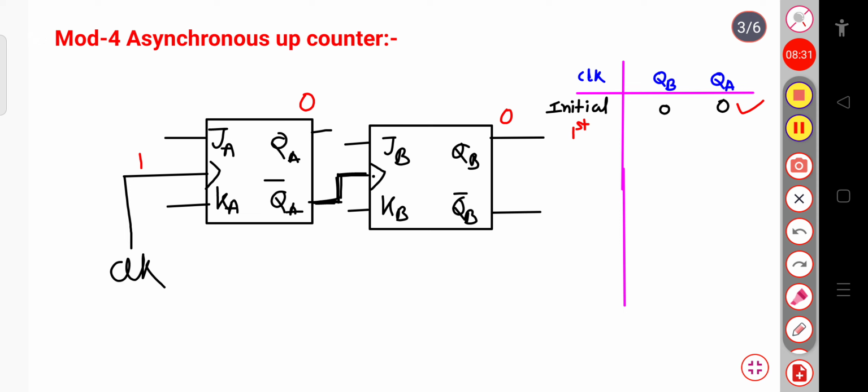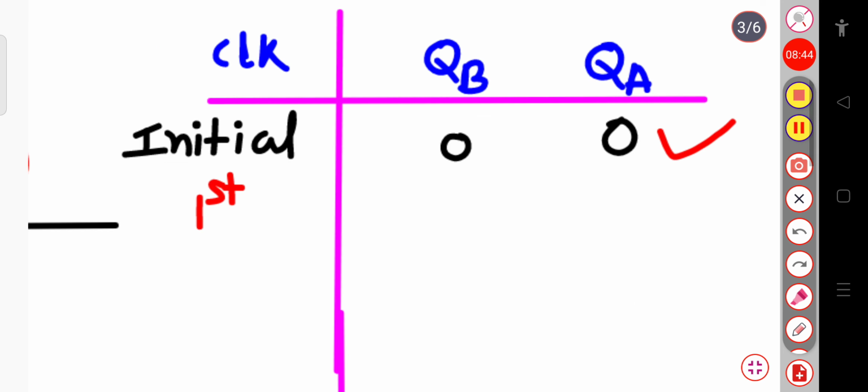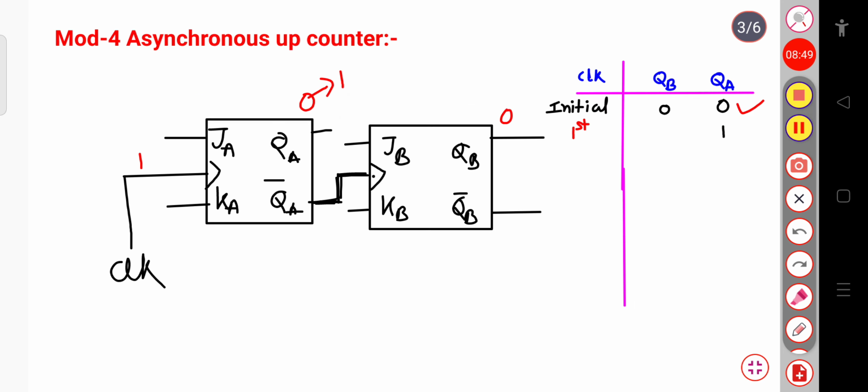Now when the pulse is given, this 0 will change to 1 because of the toggle condition. Now this QA will be 1, so here I write the QA value as 1.